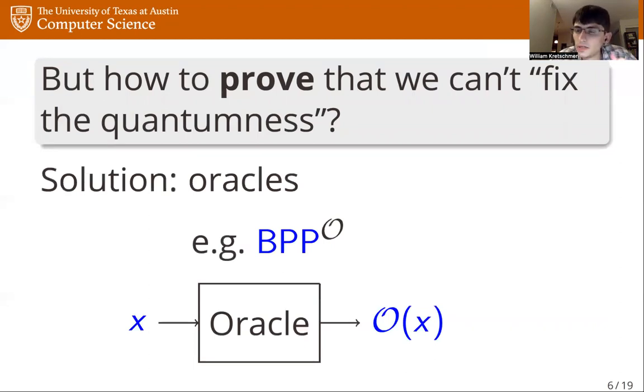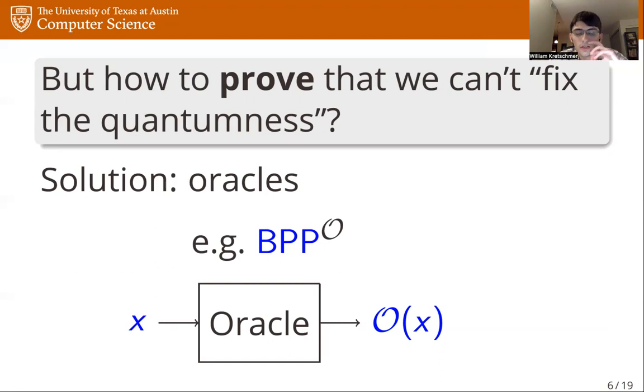And what this means is we consider some complexity class, like BPP, for example, and we consider what happens when you augment this class with some oracle O. And all this means is that you give your algorithm or model of computation the ability to query this black box where you can feed it an input X in a single time step and get back some answer O of X. And what you can basically ask is how many queries does your algorithm need to make to this oracle in order to decide some non-trivial property of it.